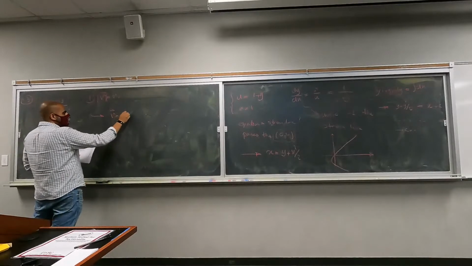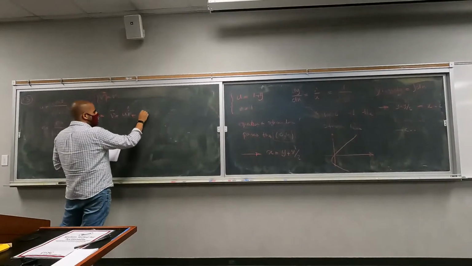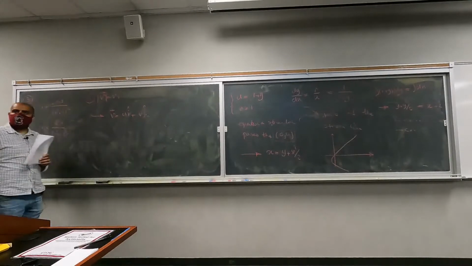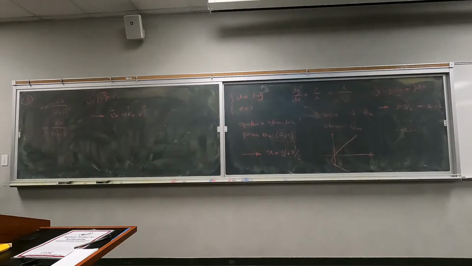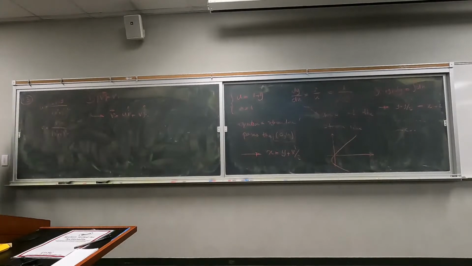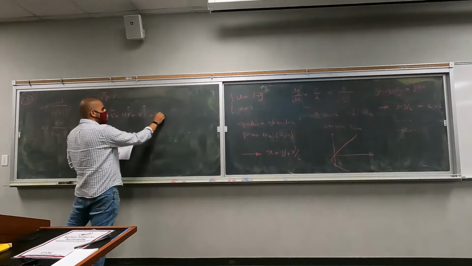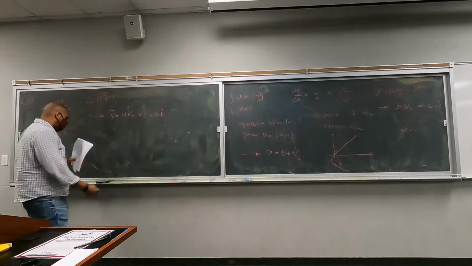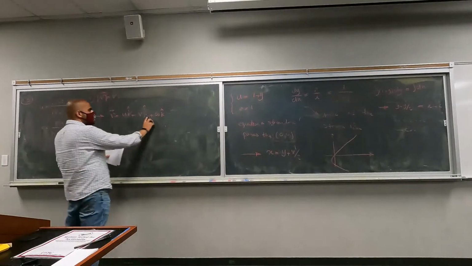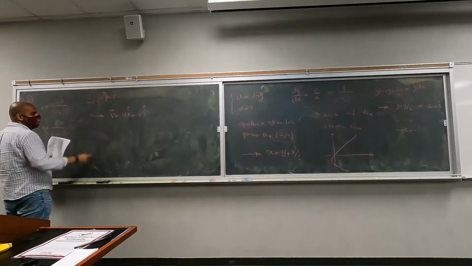In this case, it's a 2-dimensional vector, ui plus vj. u is the velocity in the x direction, that's why we have ui. v is the velocity in the y direction, that's why we have vj. If we had a 3-dimensional velocity field, we would have had a wk. But here w is 0, so we don't include that. And how do we find the magnitude of this velocity vector?